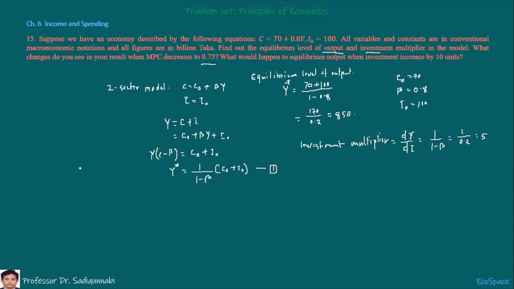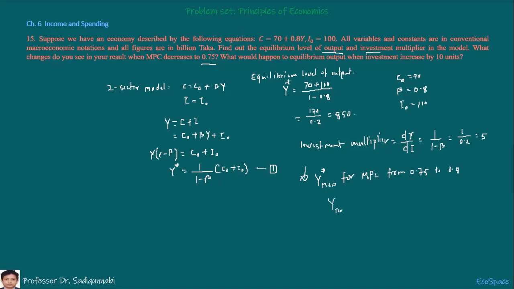Now what is the second part of our question? It says, what changes do you see in your results? So let us find the result. Our y star is now new, with MPC changing from 0.8 to 0.75.